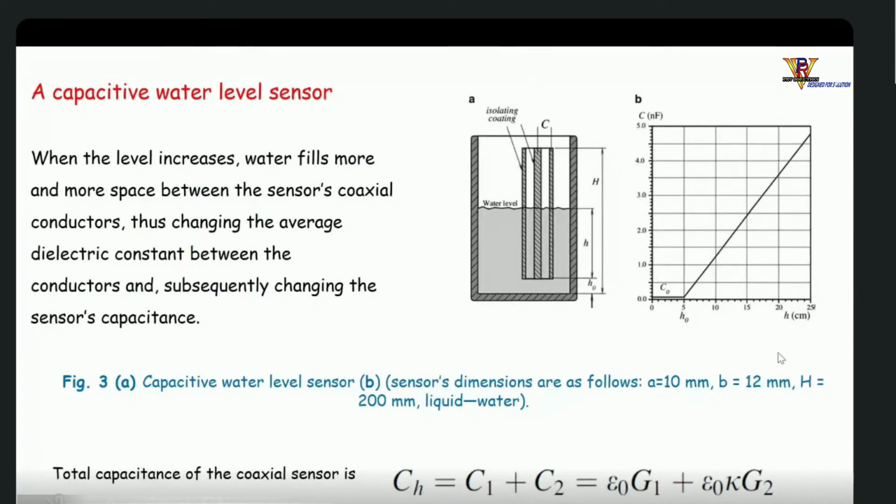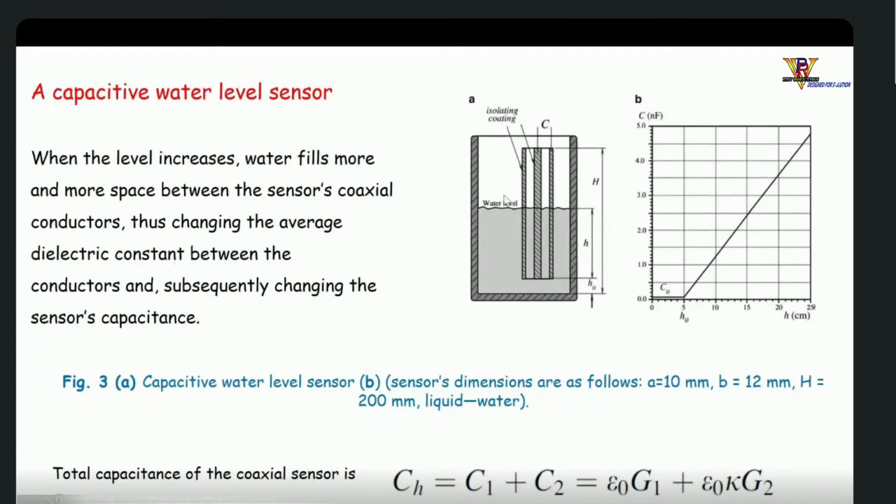The total capacitance of this coaxial sensor is expressed as C of small h equals C1 plus C2. It equals epsilon naught G1 plus epsilon naught K times G2, where epsilon naught is the dielectric medium between the plates of the capacitor, and that is air. And G1 is the geometry of the capacitor.